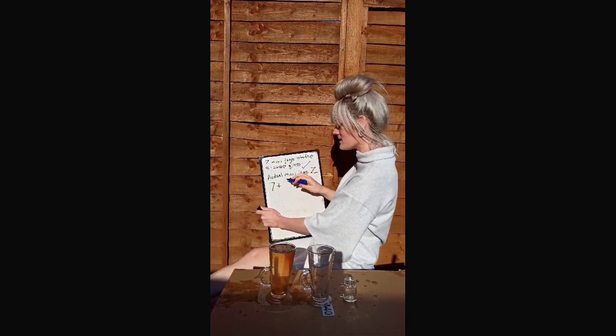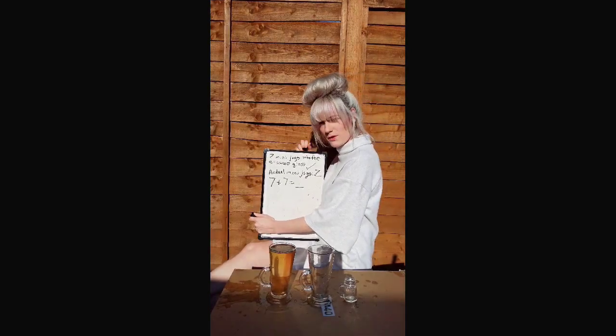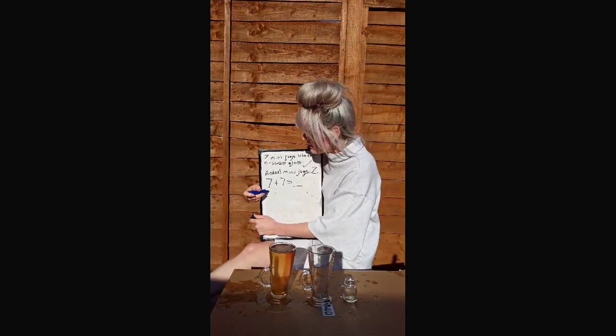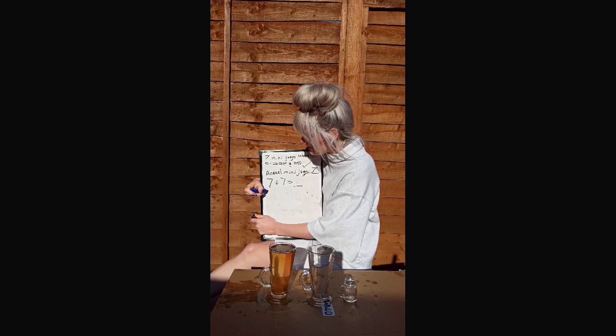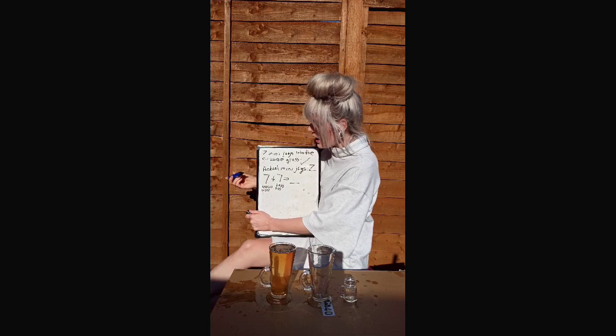So add 7 equals, so what would 7 add 7 equal? If you can't do that in your head, what you could do is draw 7 little jugs underneath. And under here 1, 2, 3, 4, 1, 2, 3, and then count them up all together.